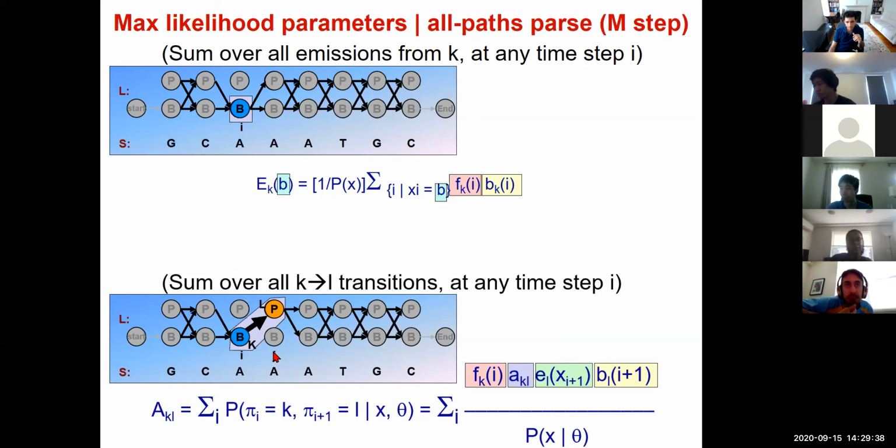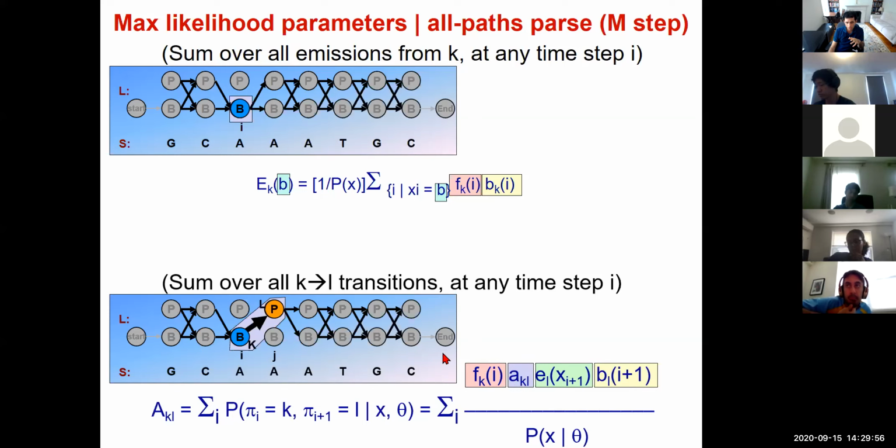What is that? This is simply the forward probability vector here, the backward probability vector here. So it's forward all the way to state K at position i, and backward all the way to state L at position i plus 1.